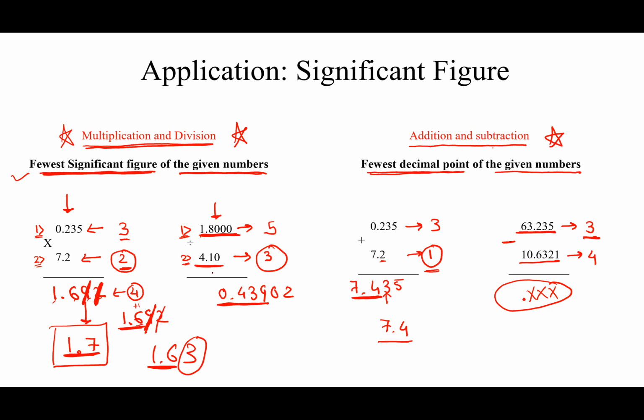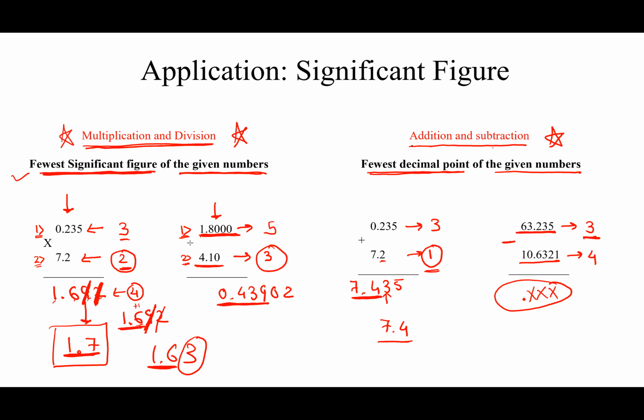If there are 5 given numbers, you check all 5 and see how many significant figures you have in each of them. Whichever has the least number of significant figures, your answer should have only that many significant figures. That rule applies to multiplication and division. If you're multiplying or dividing or both, you apply that rule.